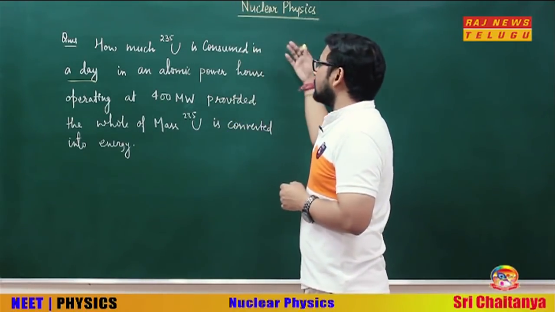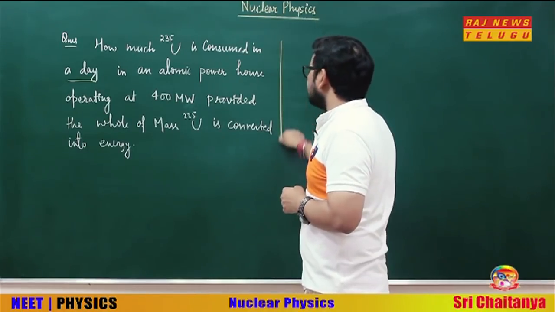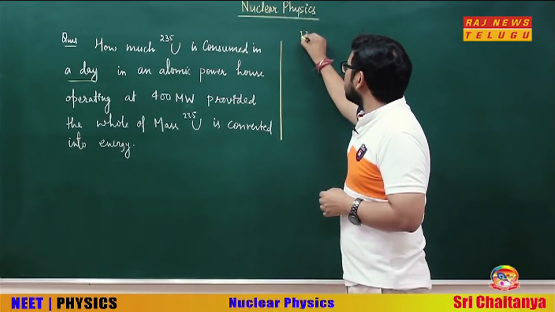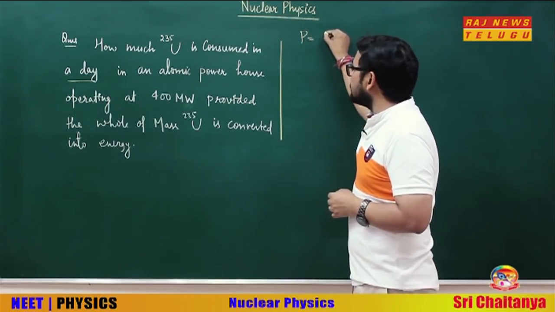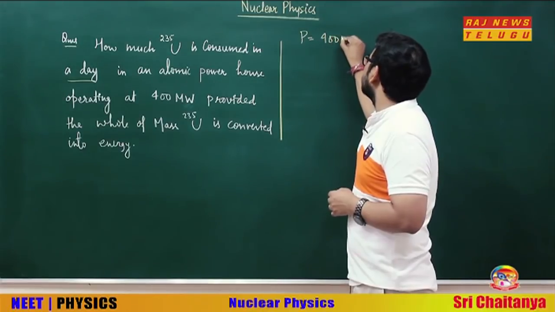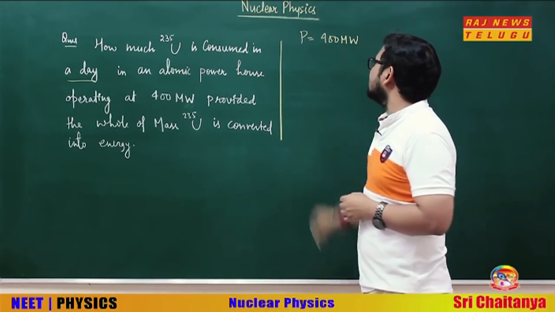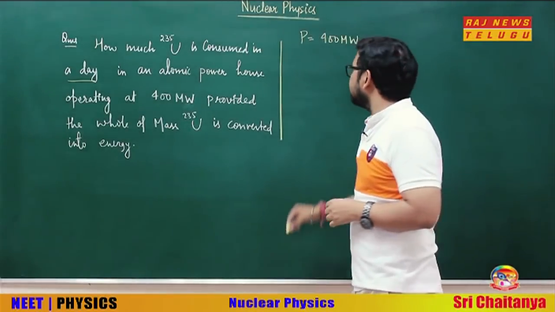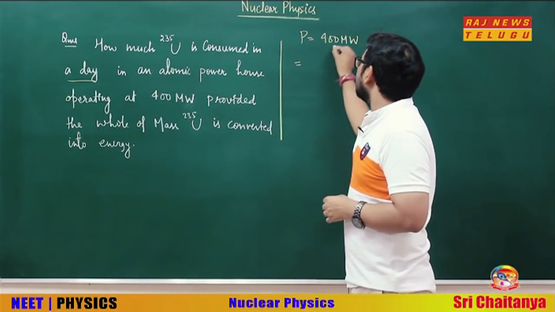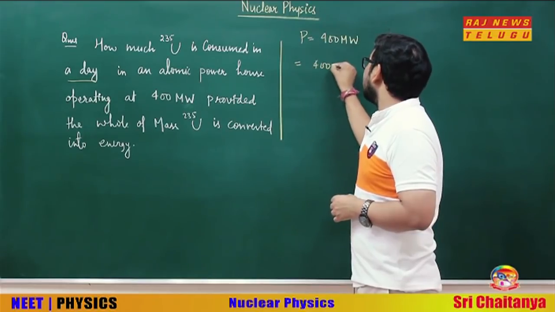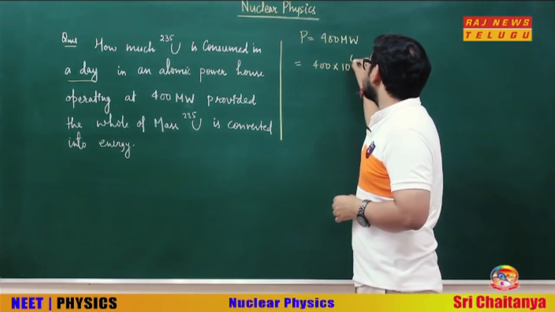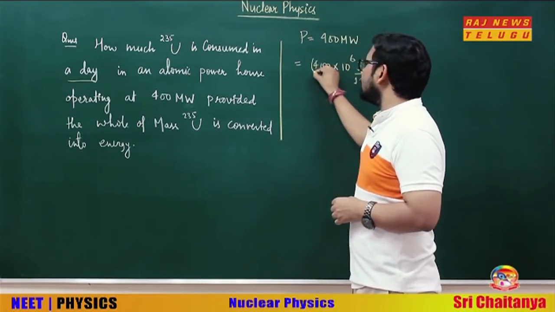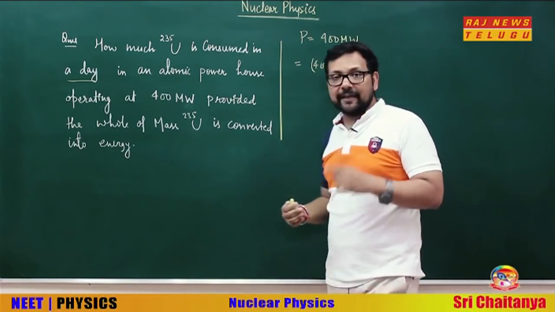First, let me see what is the total power here. Total power here is, my dear students, my future doctors, 400 megawatt. This is the total power generated. Okay, this is again 400 into 10 raised to power 6 joule in 1 second.